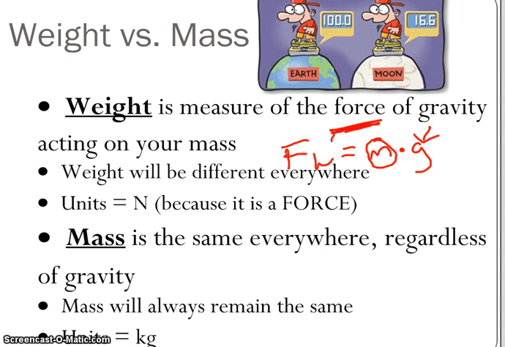Well, it'll be less. Inversely, if you're in an area that has a high gravitational force, well, your weight would be more. So mass is the same everywhere regardless of the gravity. Gosh, man, I am really bad at that tonight. But your weight will change because gravity changes, and gravity must be noted when you're calculating weight.